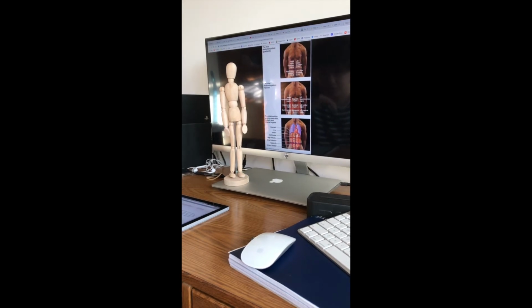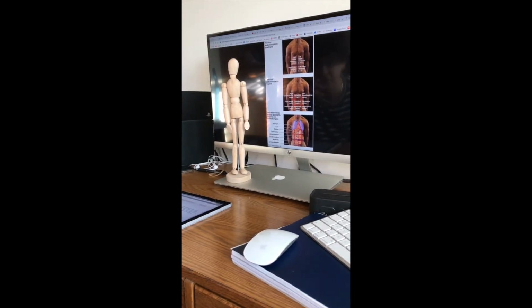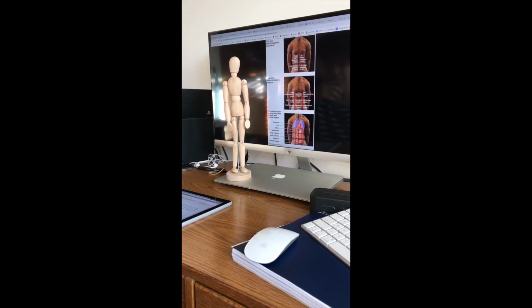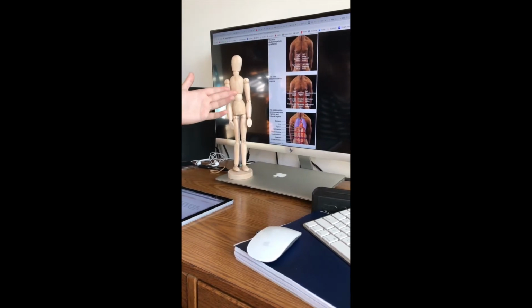And as you get lower to the hypogastric and the inguinal region, you can see things such as the appendix and the urinary bladder.